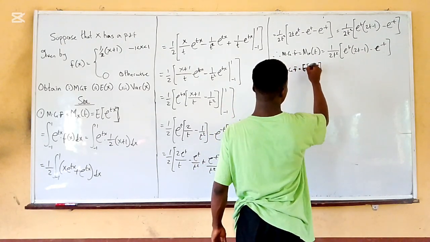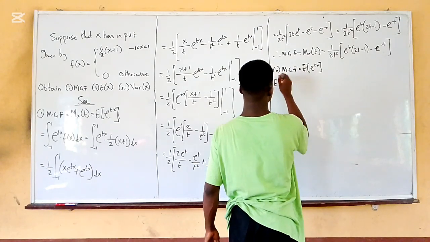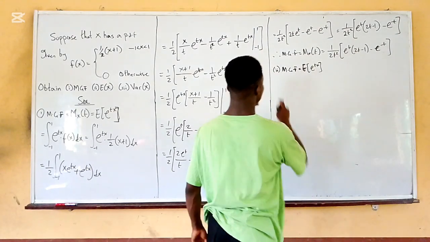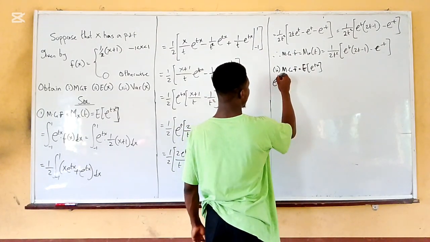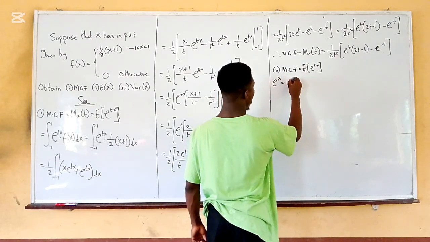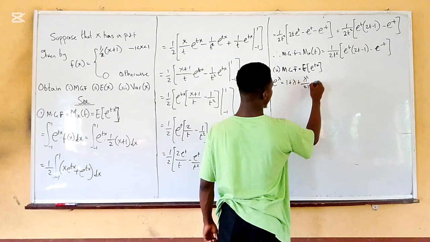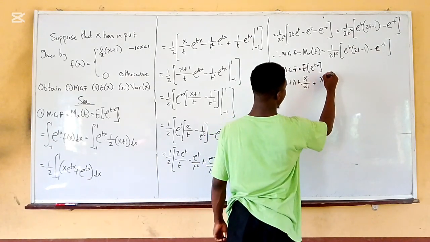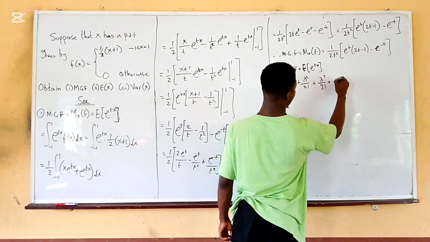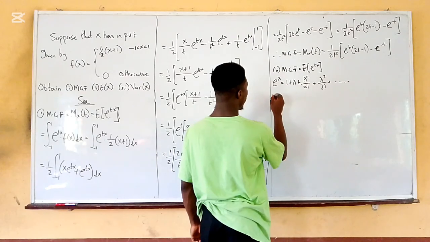Now, remember that from the Maclaurin series, exponential lambda is 1 plus lambda plus lambda squared over 2 factorial plus lambda cubed over 3 factorial plus dot dot dot.